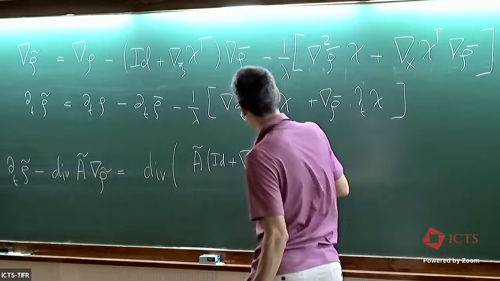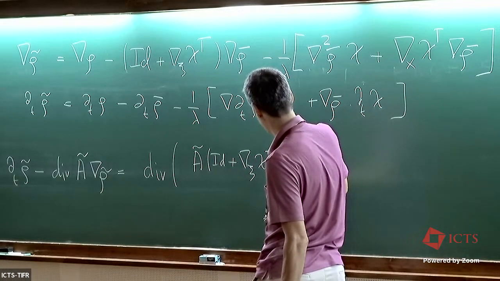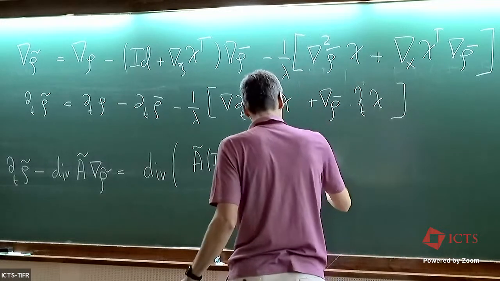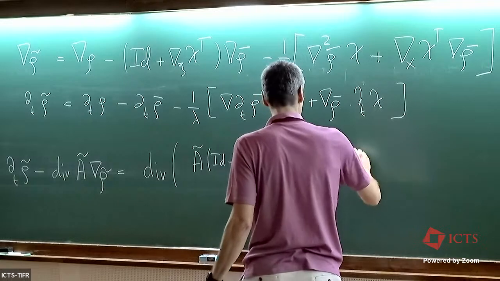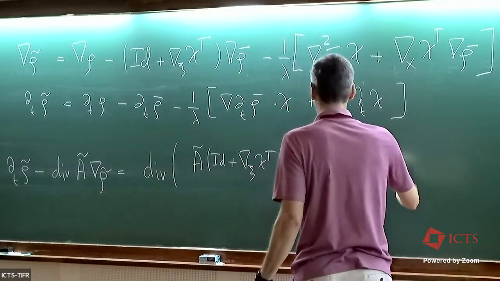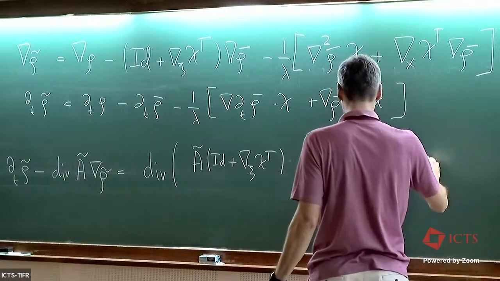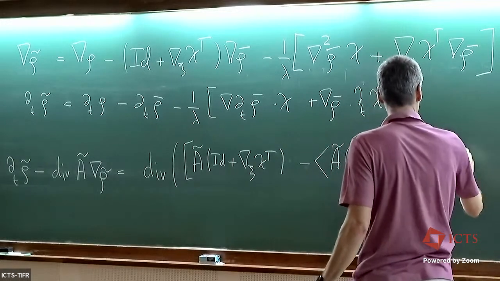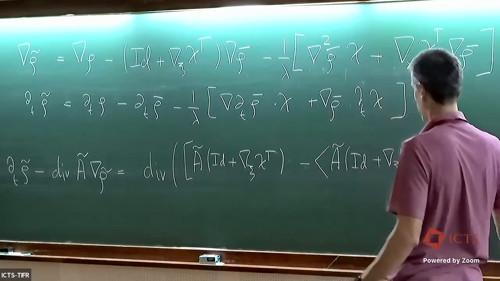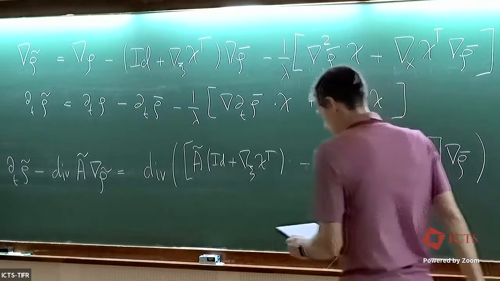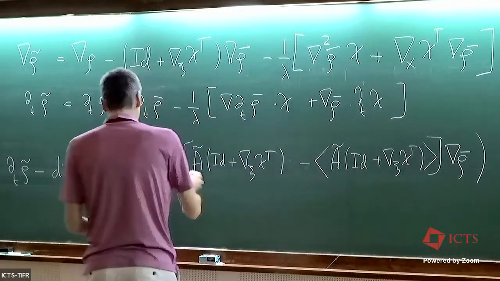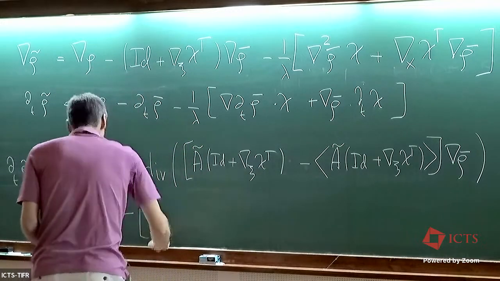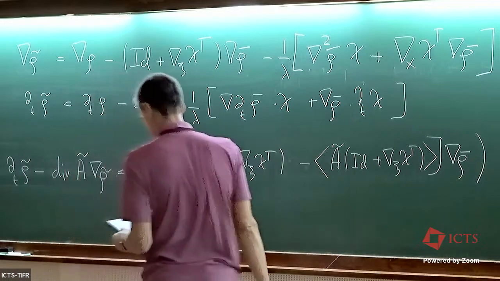So this is again an object which depends on x, t, and lambda x, or psi, okay? And I'm going to subtract the average in psi. I will have to put this back in a bit, but for now I just subtract it, and then this is multiplied by gradient rho bar, okay? So that's one term. And then you have another term of order 1, which is including the dt rho bar. And then I have this.